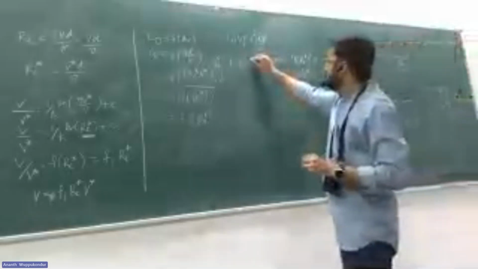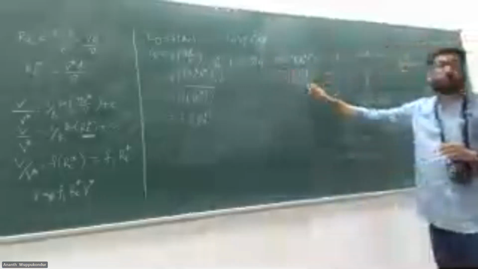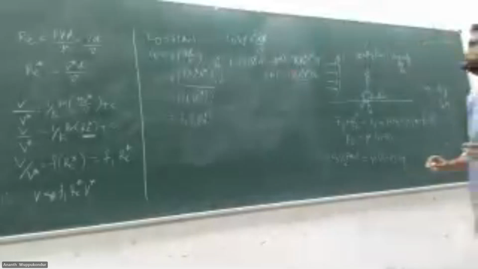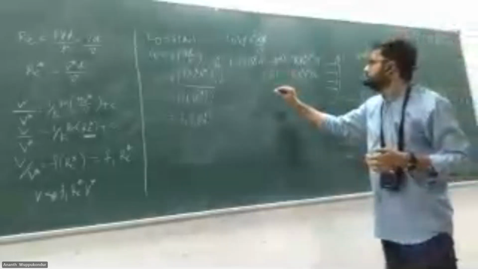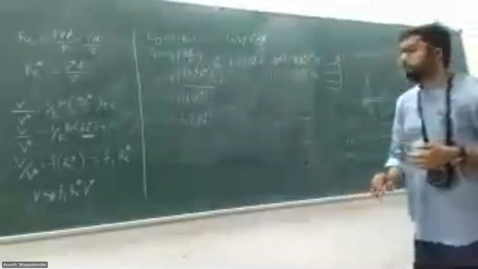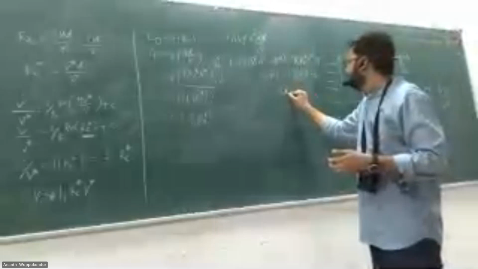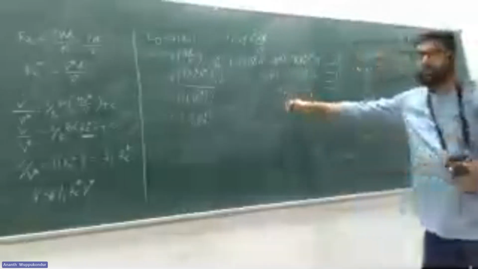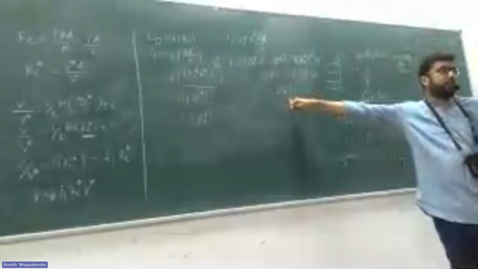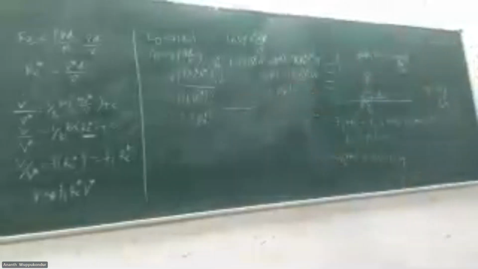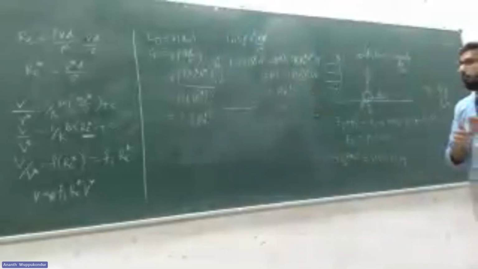Now can you simplify this again by replacing V with this term? So if you simplify that, I want you to come to an expression where on the right hand side you only have some function of Re star and all the terms on the left hand side. So can you simplify this?